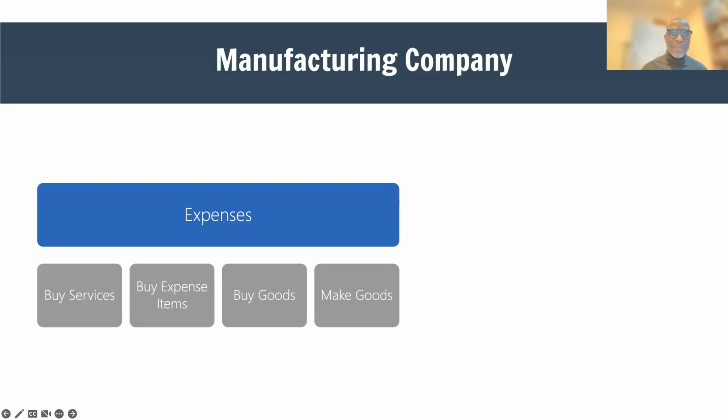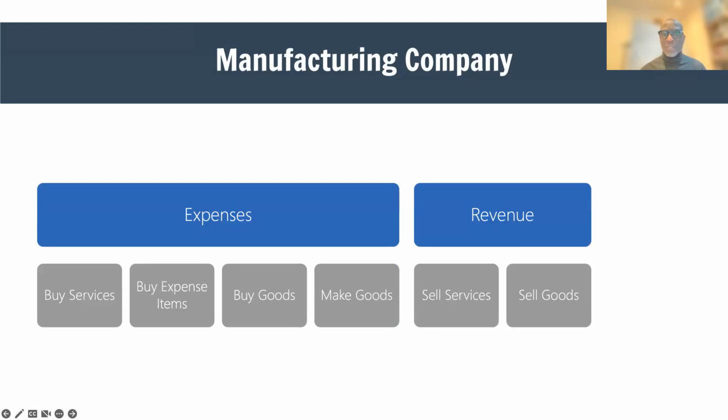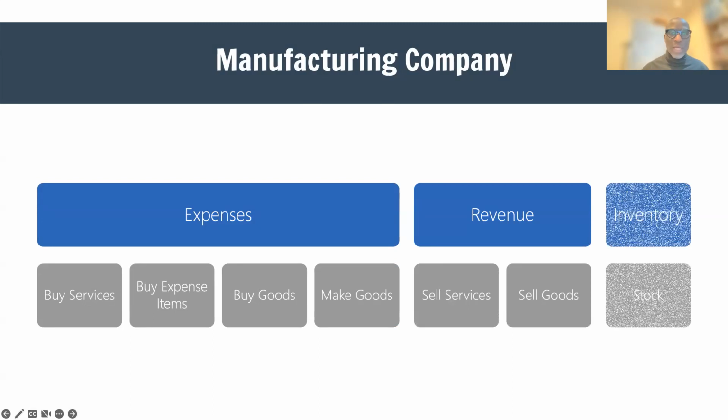And then the next level there, again, you will sell the goods, sell services, but you also have your inventory stock. So I've broken down companies into three main types. And most of the companies that you'll find today will fall into one or more of these types of companies.